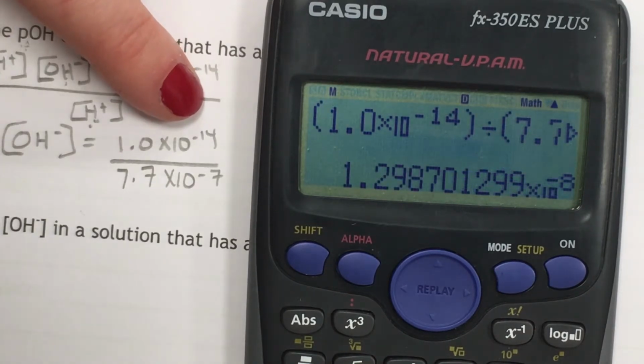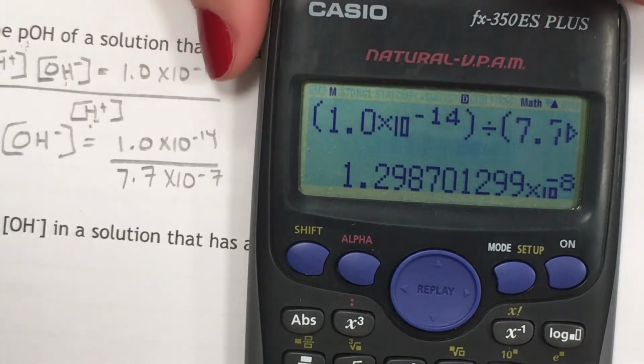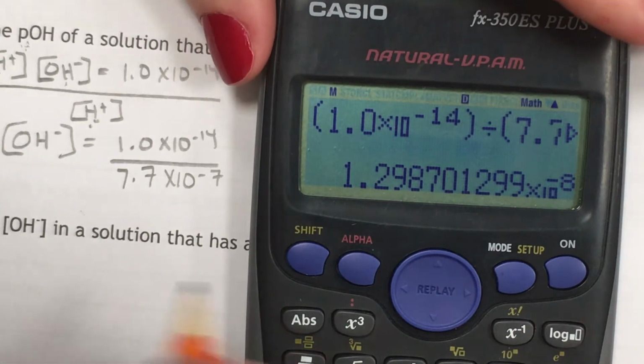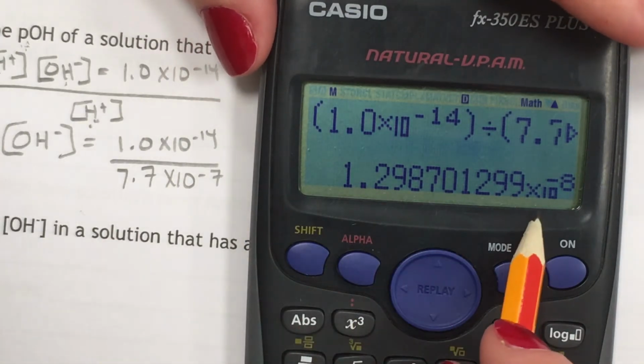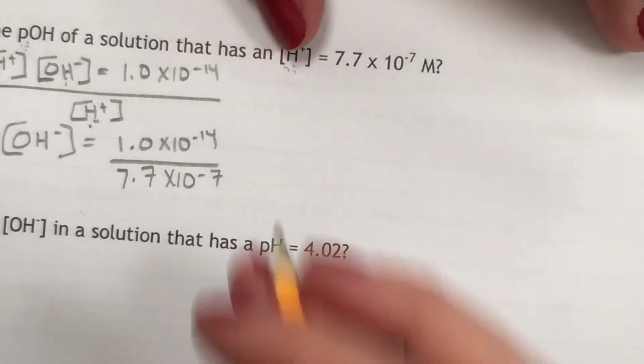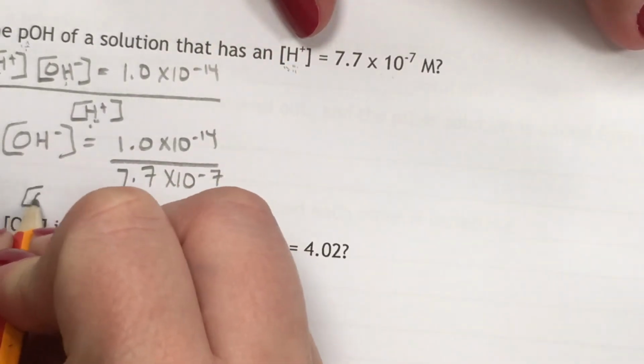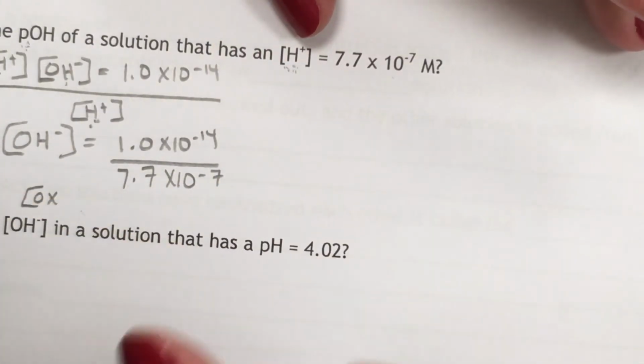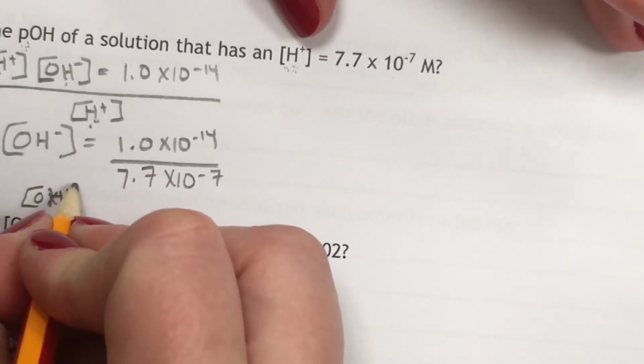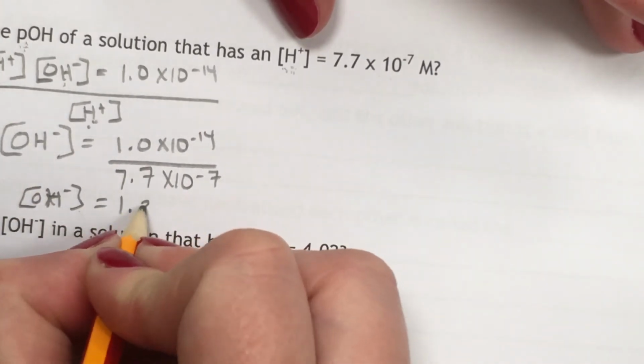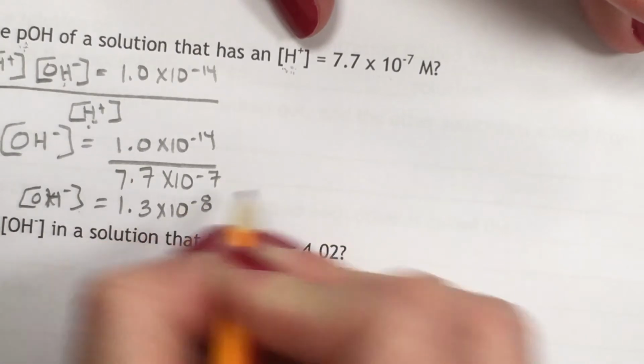And that equals 1.3 times 10 to the negative 8. So the concentration of hydroxide ions is 1.3 times 10 to the negative 8.